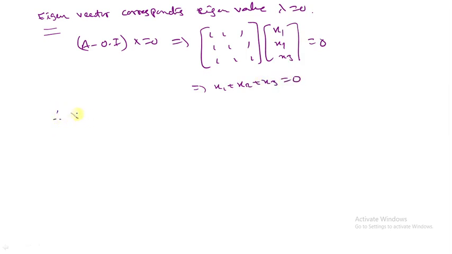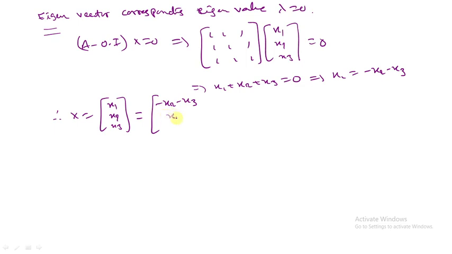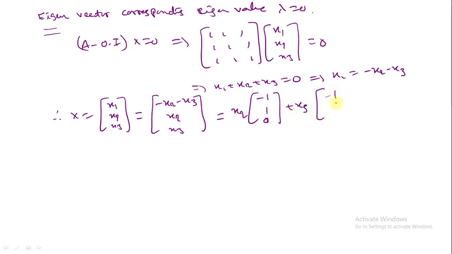Therefore x equals x1, x2, x3, where x1 is minus x2 minus x3. If you take x2 common, minus 1 1 0, plus x3 common, minus 1 0 1, where x2 and x3 are any real numbers, whatever real numbers you take.